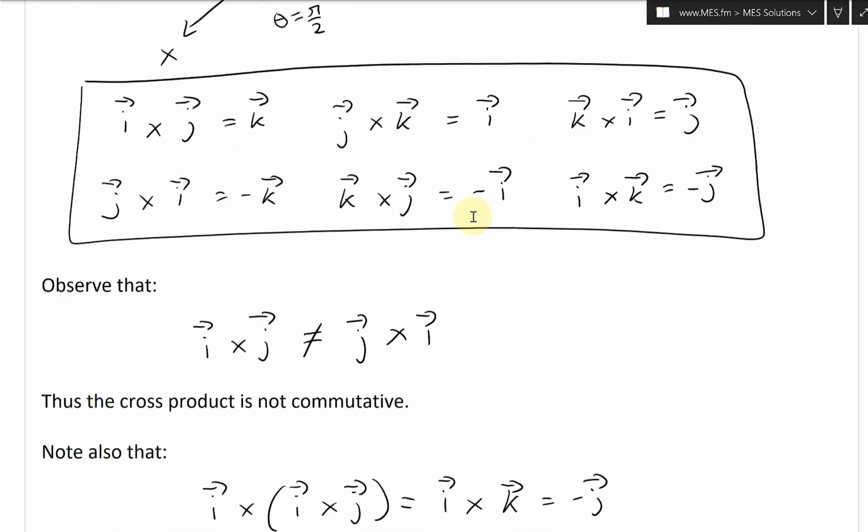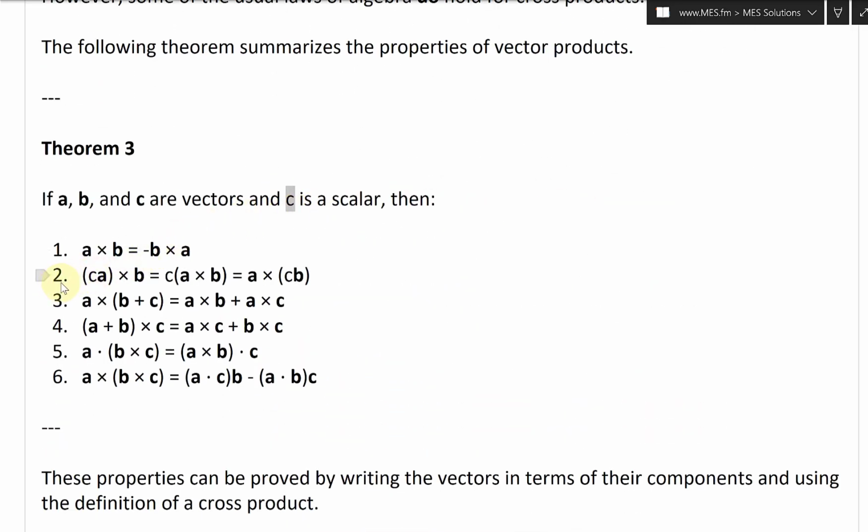We switched it around, it all becomes negative. And then number 2 is c times A cross B, in the bracket, equals c times bracket A cross B, and this equals A cross, and then c B inside the bracket. You could take the c out of all of these cross products.